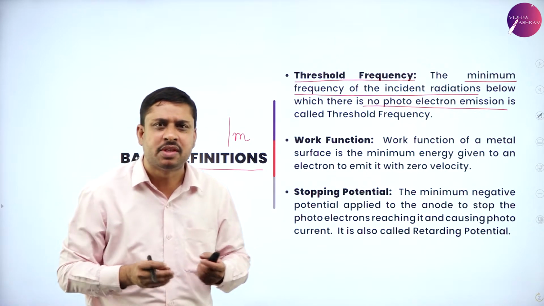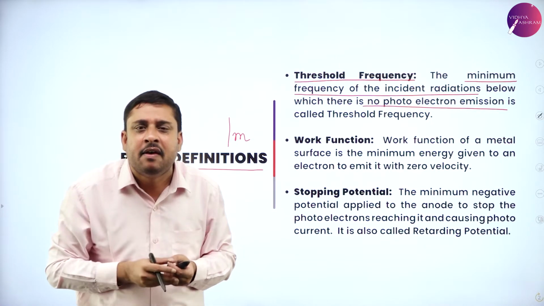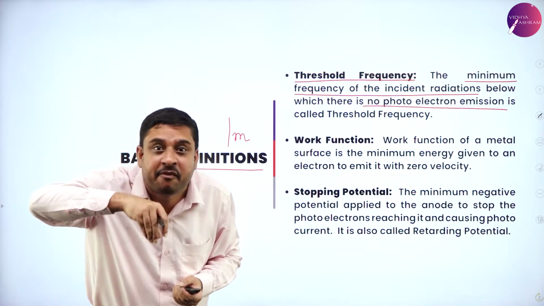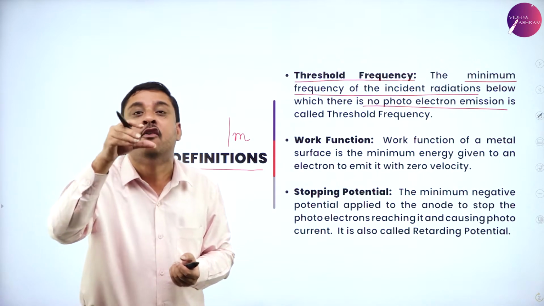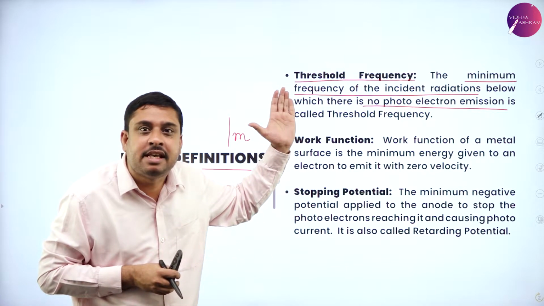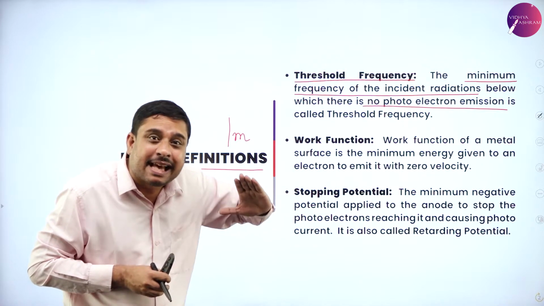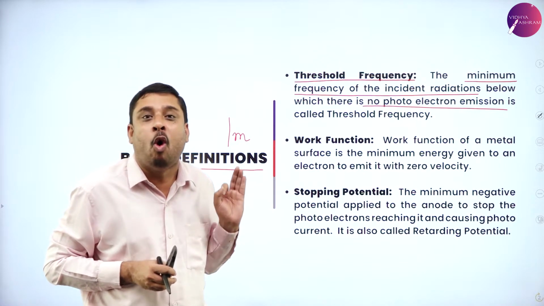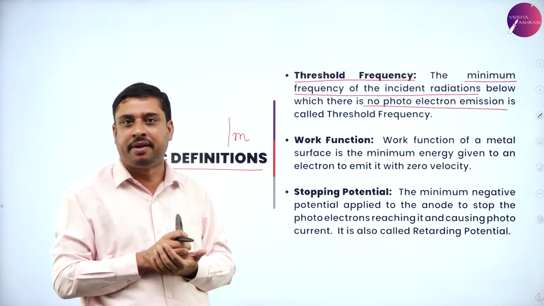My dear students, every metal surface will have a defined minimum frequency for the liberation of photoelectrons. If the frequency of the incident radiation is above that minimum frequency, only then liberation of electrons will happen.